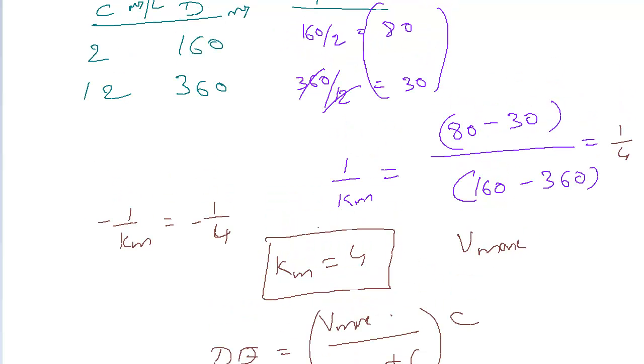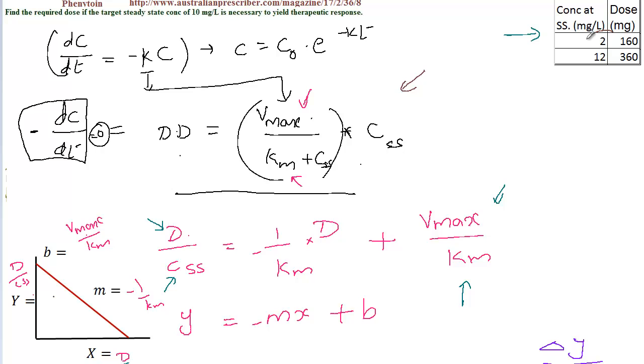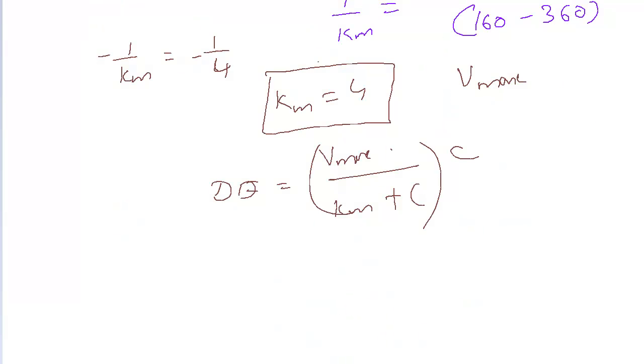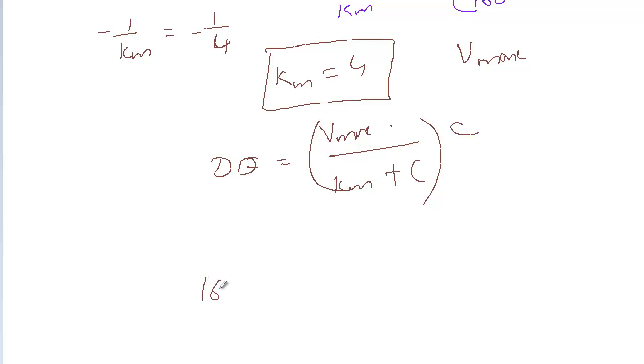So let's take a point: concentration at steady state of 2 mg per liter and dose of 160 mg per day. Then C over Km plus C, where Km we just calculated as 4 and concentration is 2.